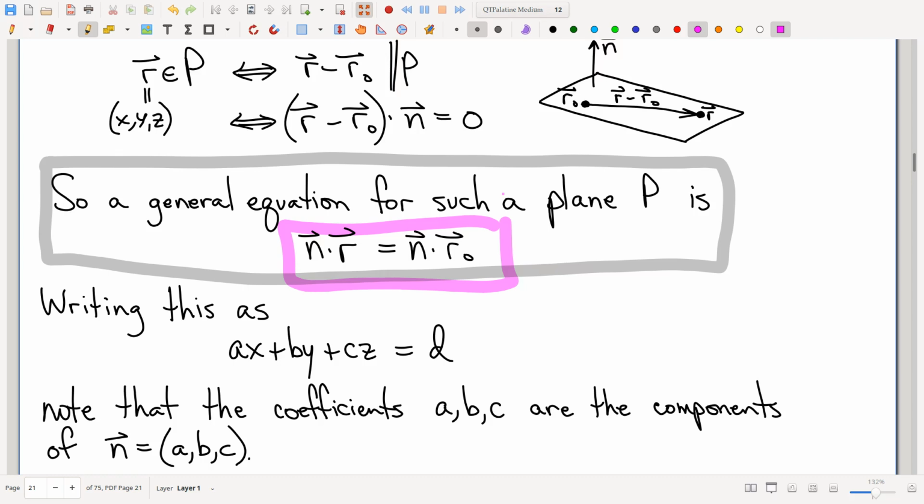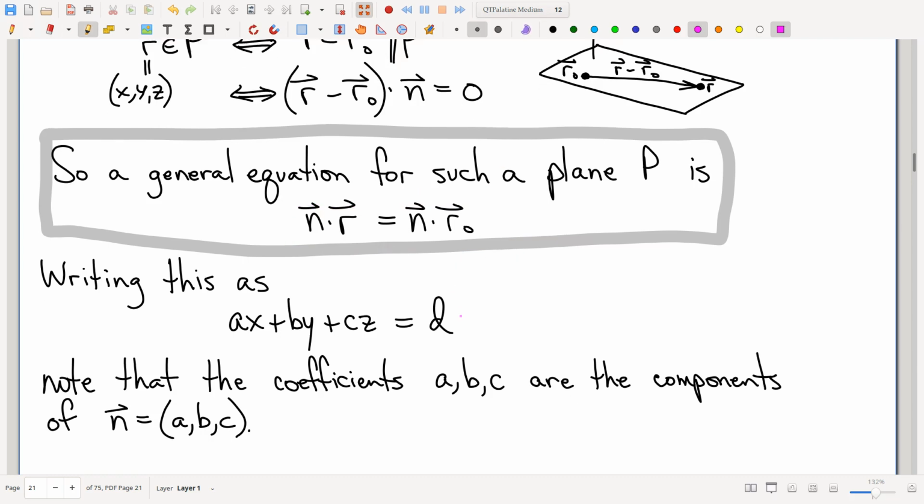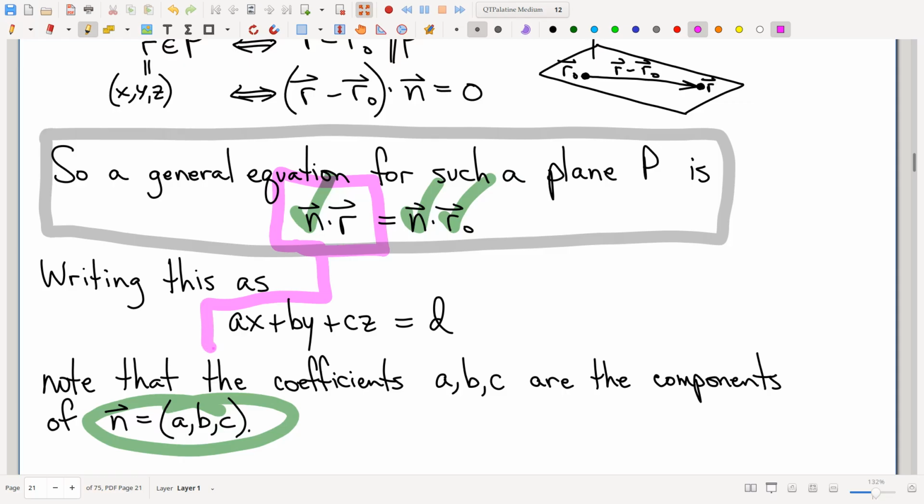Now, I'll point out that the idea was that these vectors N and r naught are all given. If we're going to write the equation of the plane, I have to have an r naught and I have to have an N to even know what plane we're talking about. So if those are given, and in particular, if that's your normal vector, you can actually explicitly crank out that dot product.